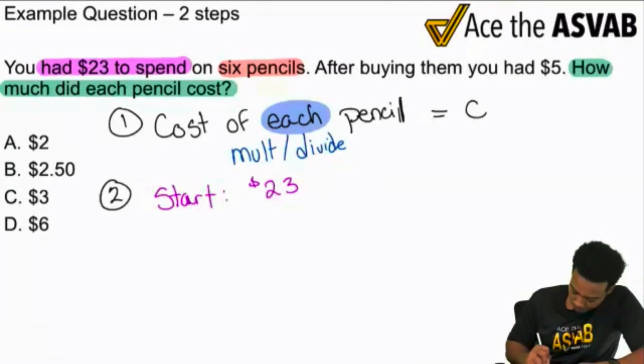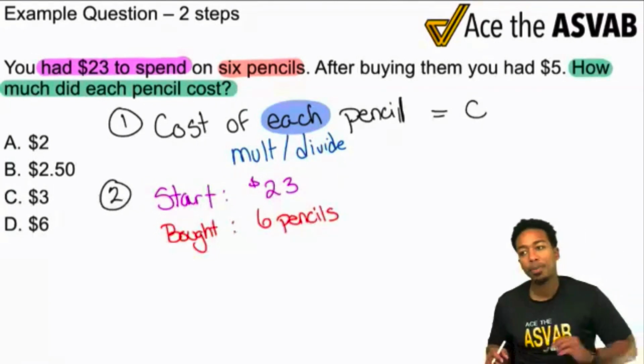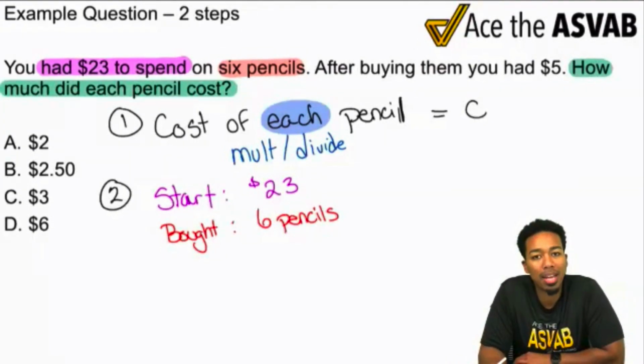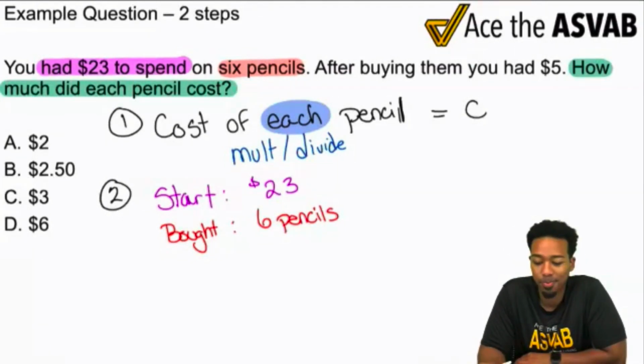We bought 6 pencils. And everybody, how much did each pencil cost? Don't give me a number. I'm not looking for a number. How much does each pencil cost? That's right, Stefan. We don't know how much each pencil costs. But how did we label it in the beginning of the problem?